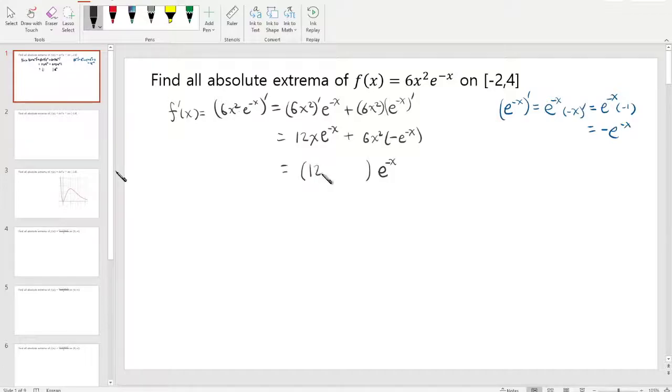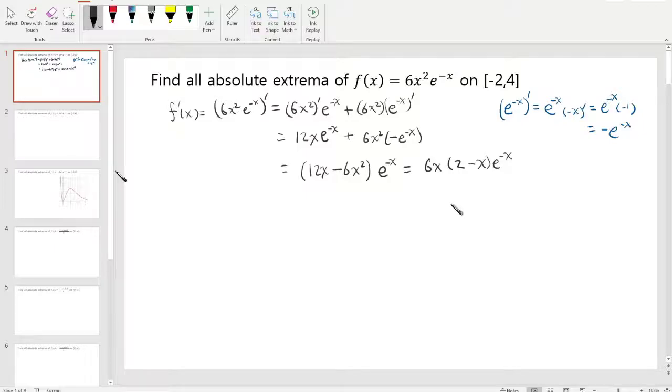So we're going to simplify by factoring the e to the negative x, which leaves you with 12x minus 6x squared. I still see that x is a common factor and 6 is also a common factor, right? So I'm going to factor the 6x out. That leaves you, well, 6x times 2 is 12x, so it's 2. 6x times x is 6x squared, so that's x, e to the negative x.